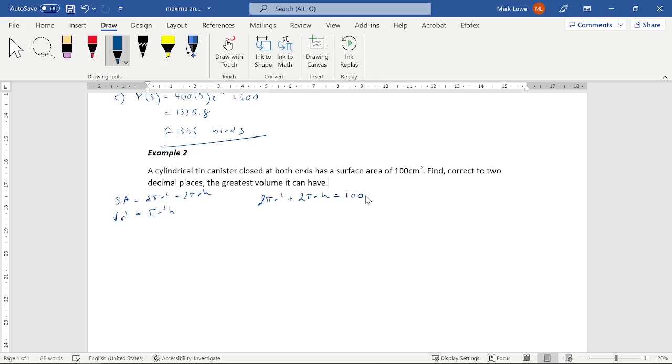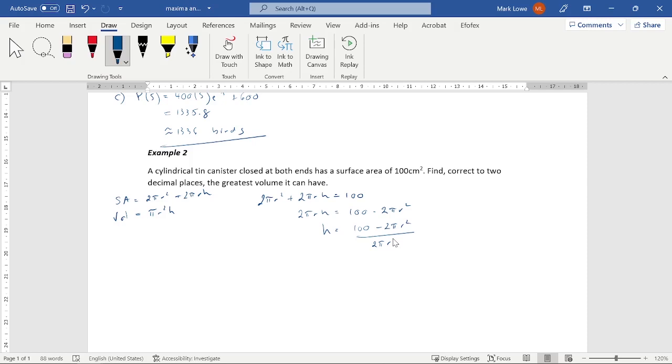So rearranging to solve for h, we'll have 2 pi rh is equal to 100 minus 2 pi r squared, and then we can divide by 2 pi r. So h will equal 100 minus 2 pi r squared over 2 pi r. And that's okay to leave it like that.